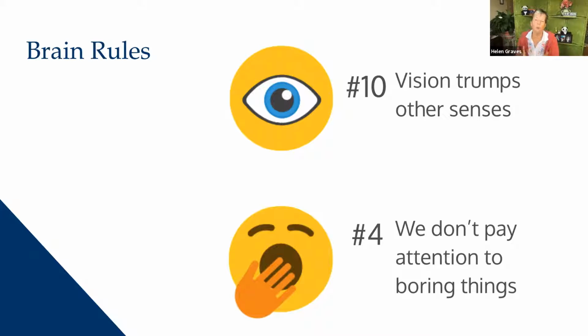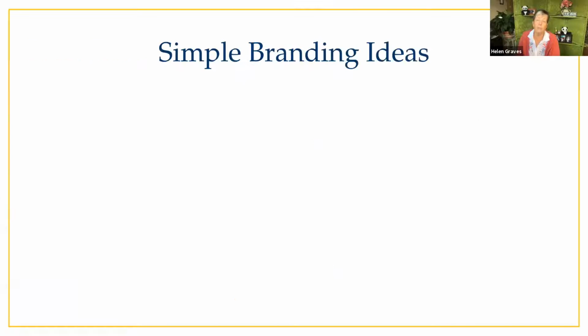You don't need to become a marketing expert, but even simple elements of branding are going to help grab your students' attention. It's going to create recognition and familiarity, and it's going to build an emotional connection, all of which will support learning.